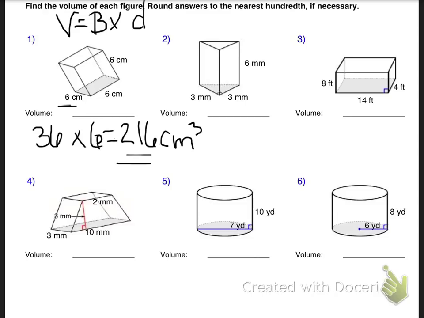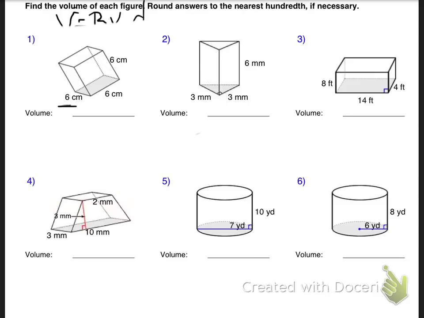Alright, let's take a look at number 2 now. Number 2, our basic shape that we started with is a triangle. You can see we have a triangle that's stretched out to another triangle. So we need to see if we can determine the basic shape of that triangle.